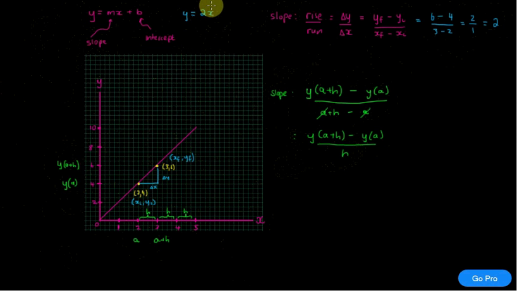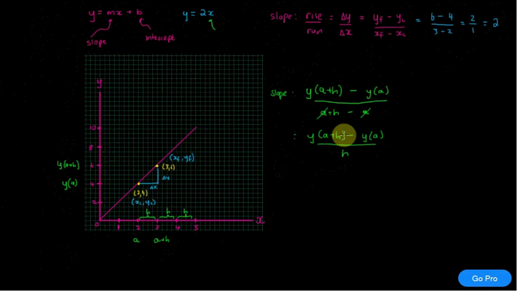So, if this is still our formula for this specific graph, I want to use this concept of finding out what the slope of this particular formula is. Remember, the x value is whatever the unit is that I'm using at some point in time, right? So y of a plus h is just telling me what the y value is at that specific point in time, right?